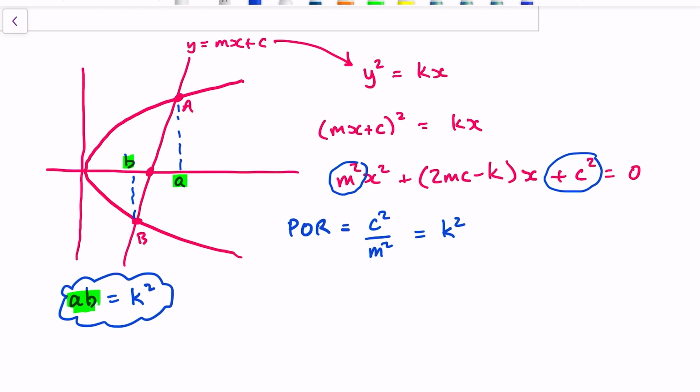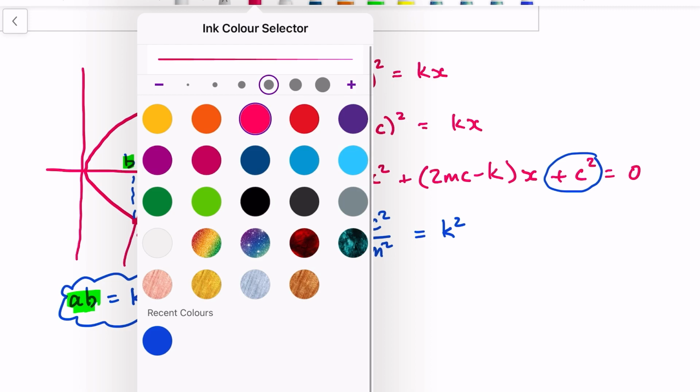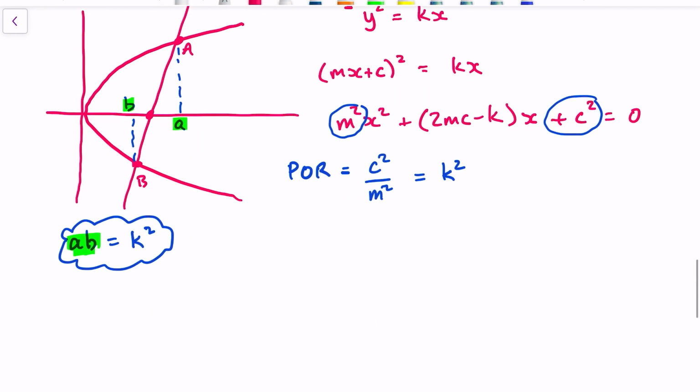So that's a condition that holds for these x values of a and b to basically form a right angle triangle with the origin. Okay. Now what that tells us is that c is equal to plus or minus mk. You need to realize that c has to be actually the negative.